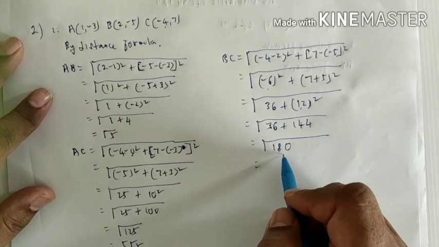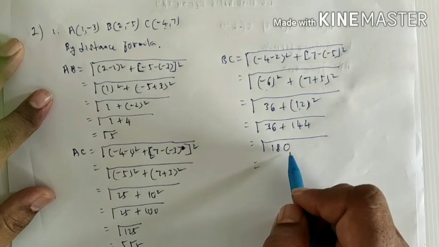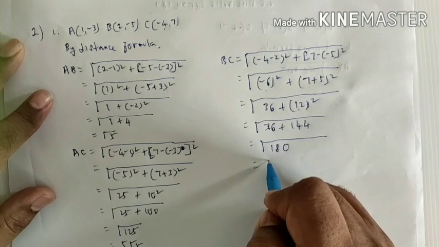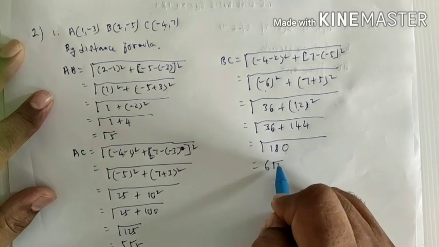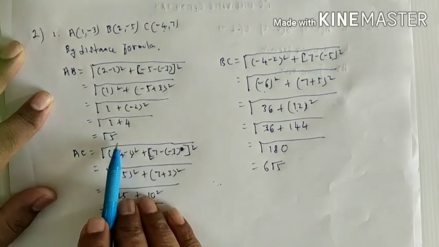Root 180, what are the factors? 36 into 5. This we can write as 6 root 5.